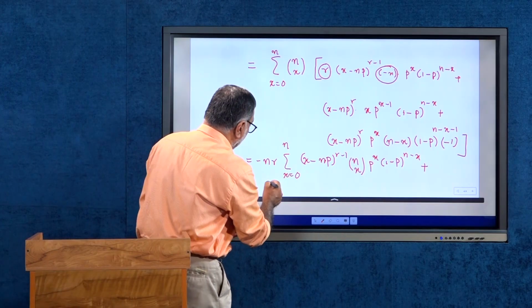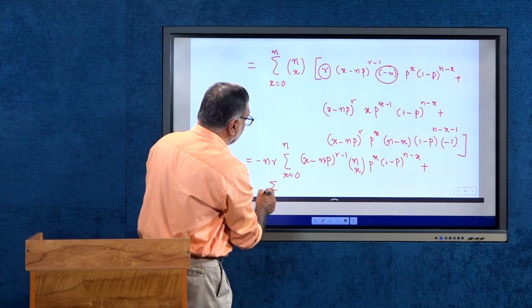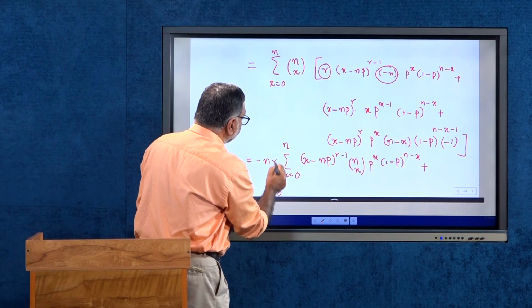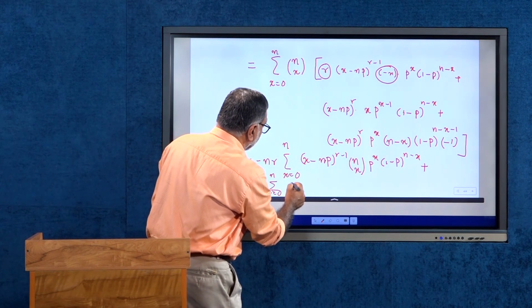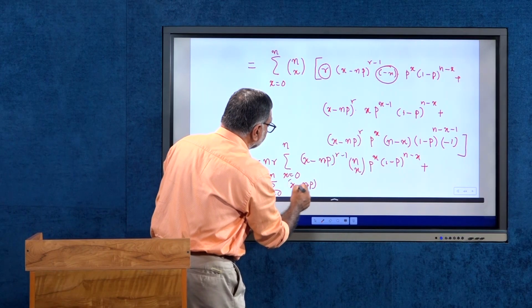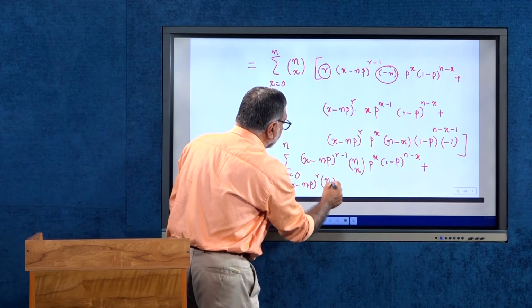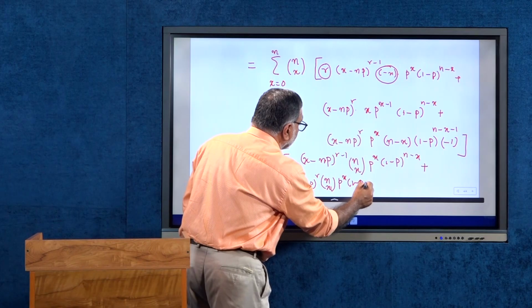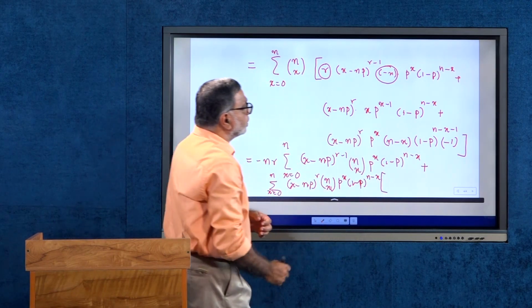We have the value sigma over x is equal to 0 to n (x minus np) power r, nCx p power x (1 minus p) power n minus x into the remaining factors.